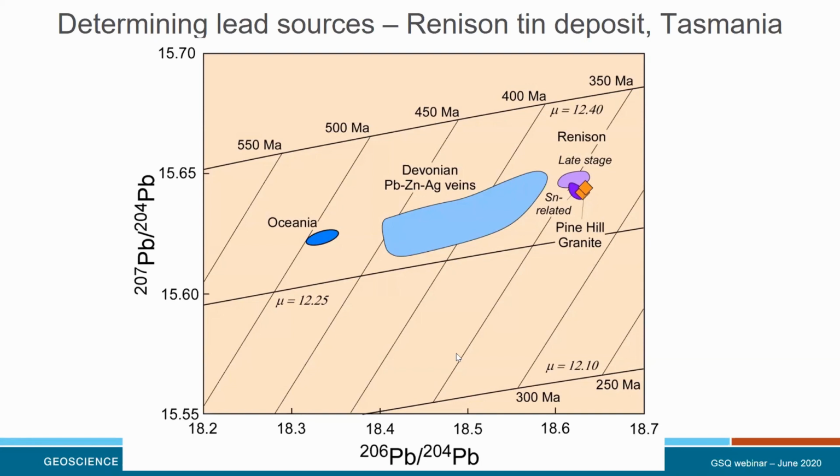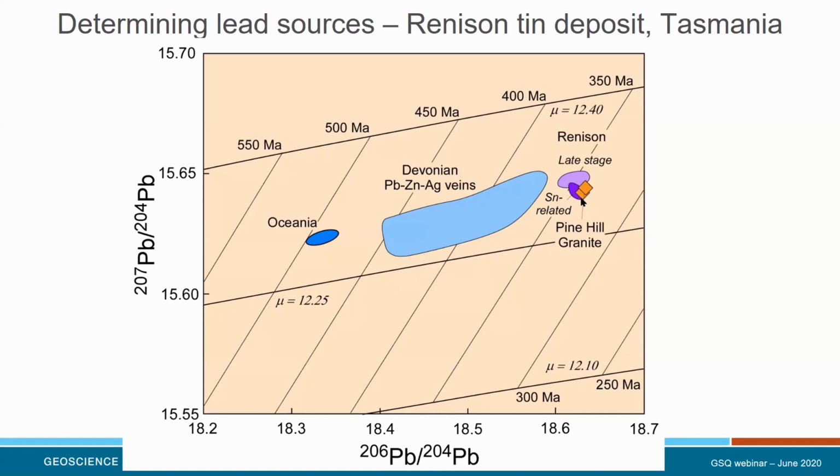And if you look at the Renison samples in this area here, you see there's 2 groups. There's the ones that are directly associated with tin mineralization, and also some late stage galena veins. Now it turns out that these things are very, very close to each other. In fact, they're pretty much within error.